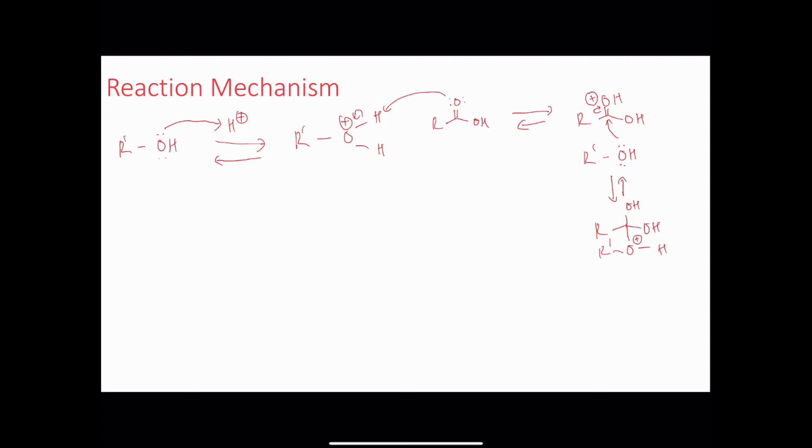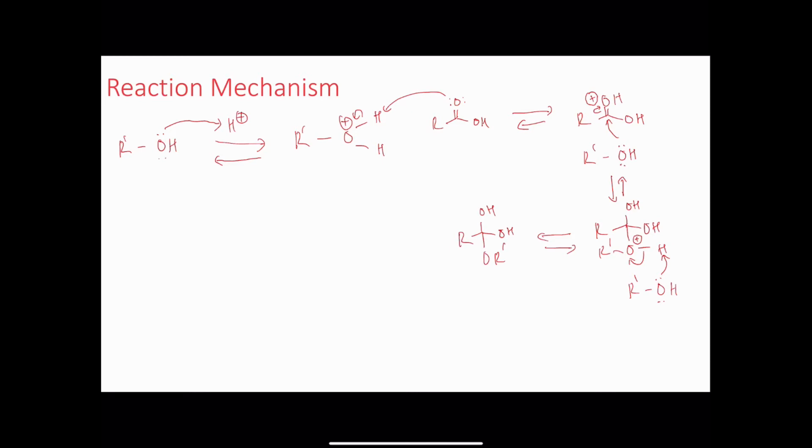Well, we need to deprotonate the hydrogen in order to make a neutral intermediate. So we're gonna use the alcohol, and we're gonna attack the hydrogen, break the bond between oxygen and hydrogen, and we're gonna have a new intermediate without the charge.